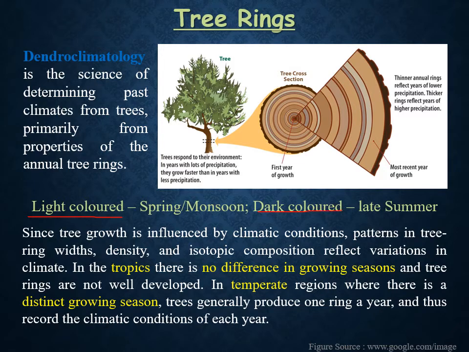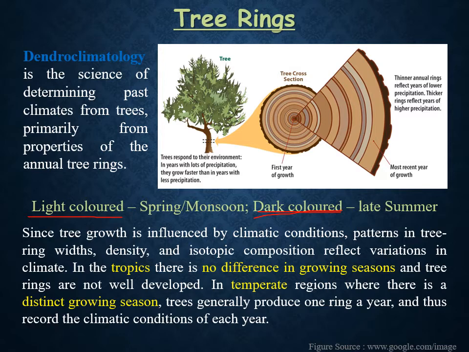Now, this color difference between the light colored bands and the dark colored bands occurs depending on the growing season of the tree. It varies depending on the availability of nutrients at different times of the year.